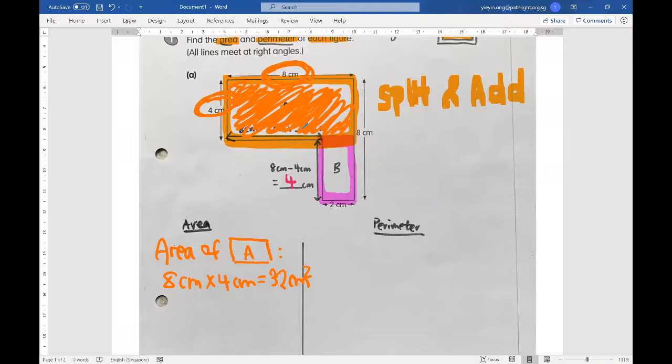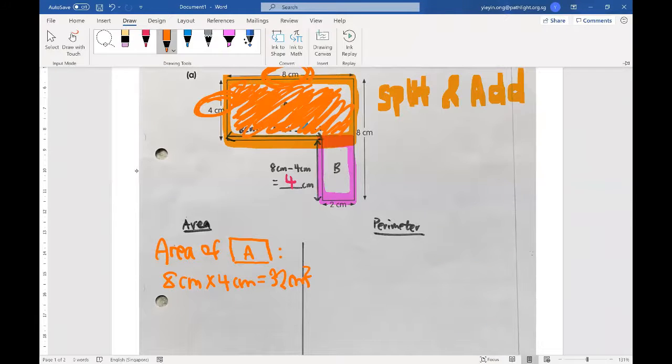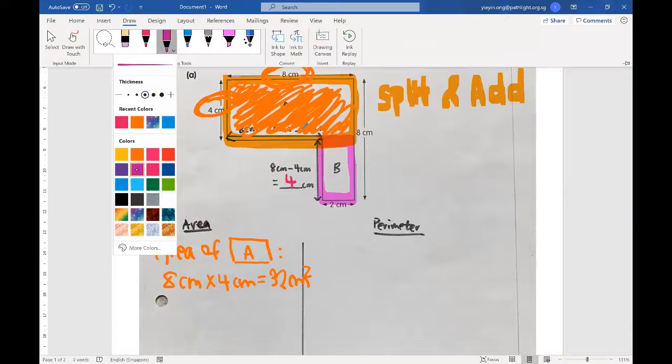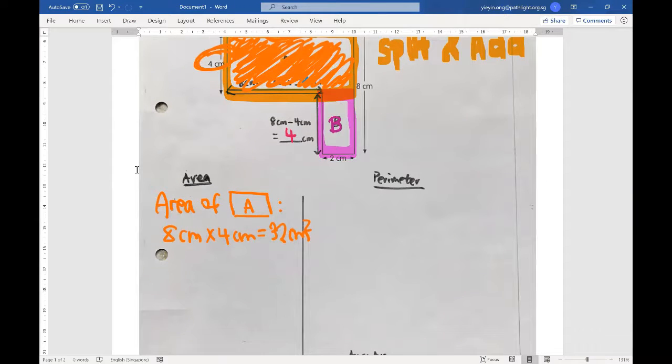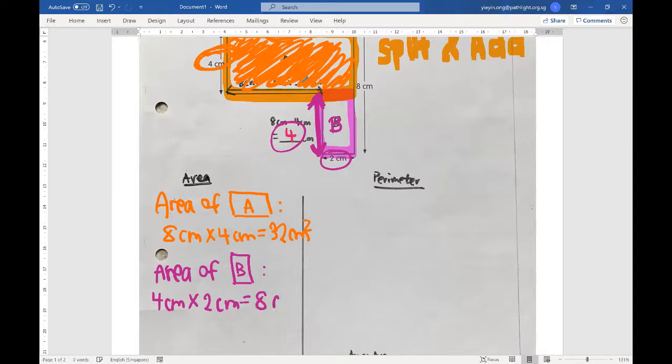Next, let me find the area of rectangle B over here. To find the area of rectangle B, again, length, which is 4 centimeter, we already found the unknown, times the breadth 2 centimeter. So area of rectangle B would be 4 cm times 2 cm. That will give me 8 square cm.